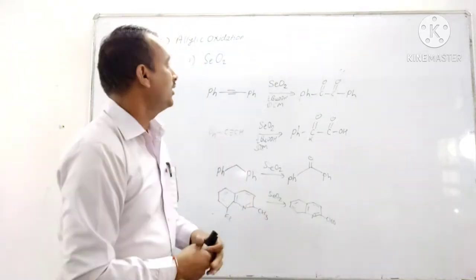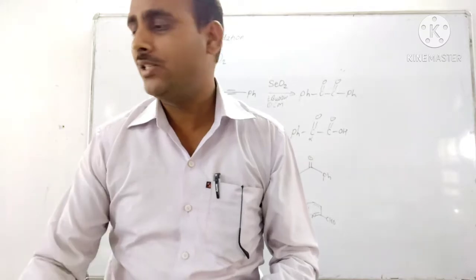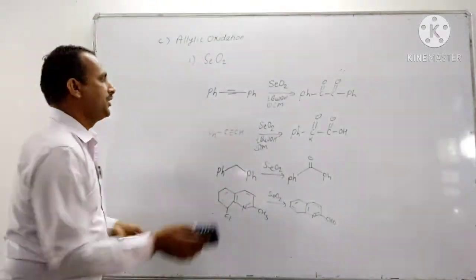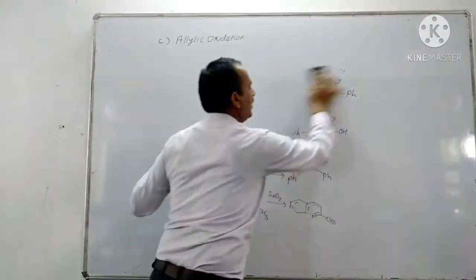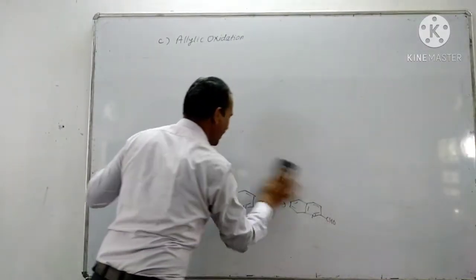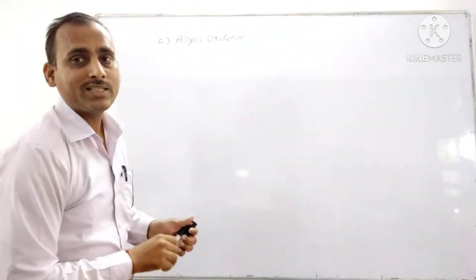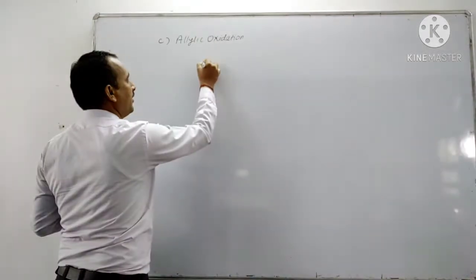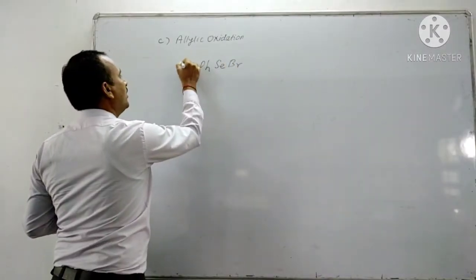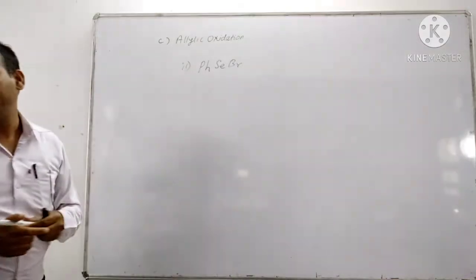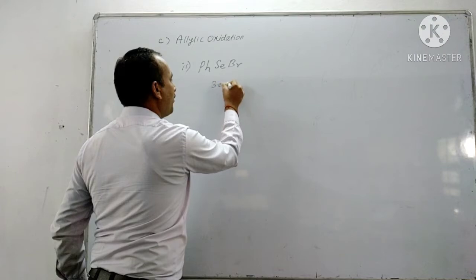Now again in allylic oxidation, let's see another type of oxidizing agent, that is benzene selenyl bromide. The second oxidizing agent for allylic oxidation is benzene selenyl bromide, PhSeBr.